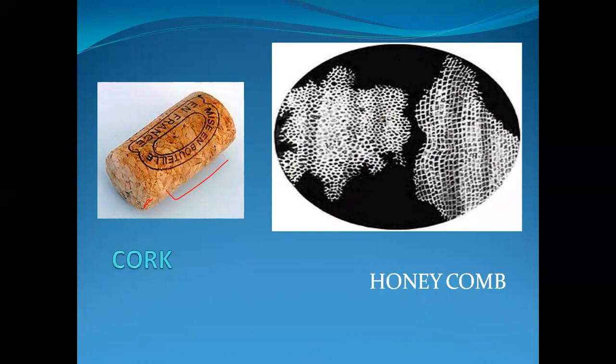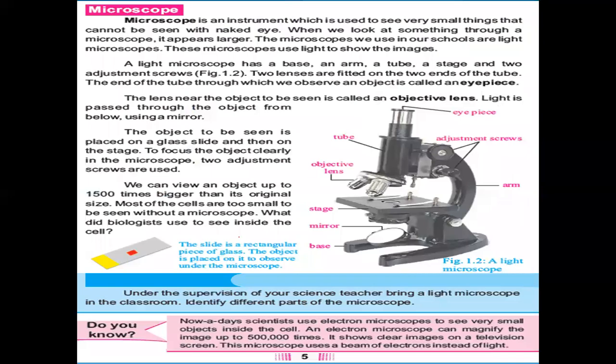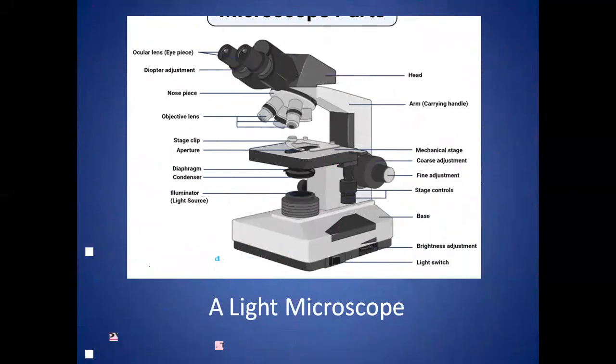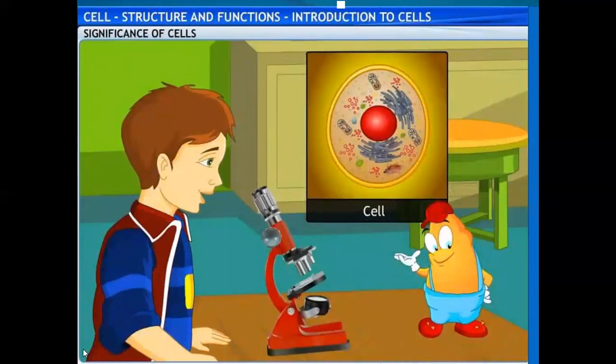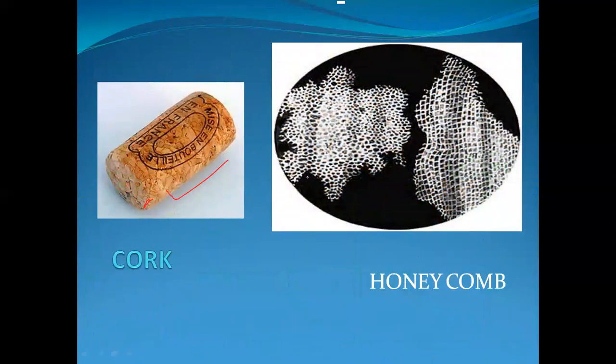This looks like small rooms, small compartments, or small holes. Those holes and those compartments were named cells. All of these look like compartments, and Robert was the one who called them cells.